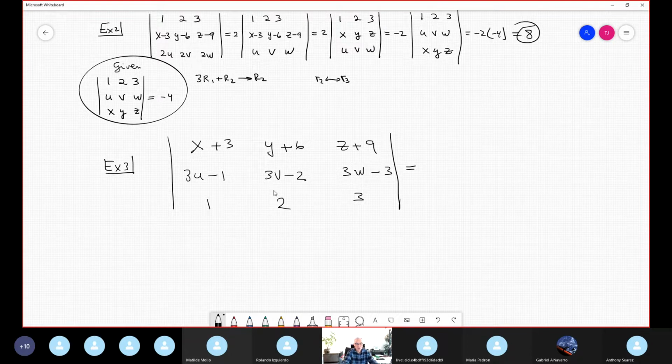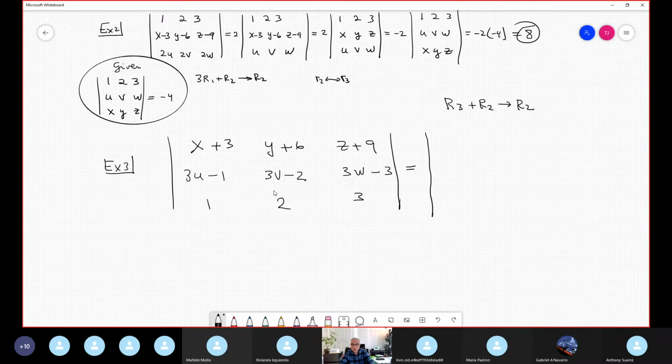I suppose it is better, in my opinion, to manipulate not the original but the more complicated one, because we have more degrees of freedom to manipulate. So I propose, for example, row 3 plus row 2, and store it in row 2.